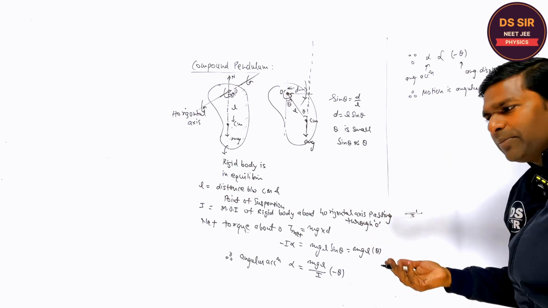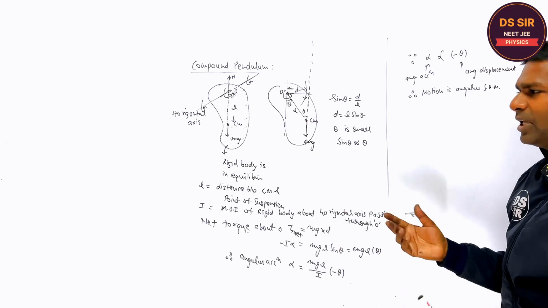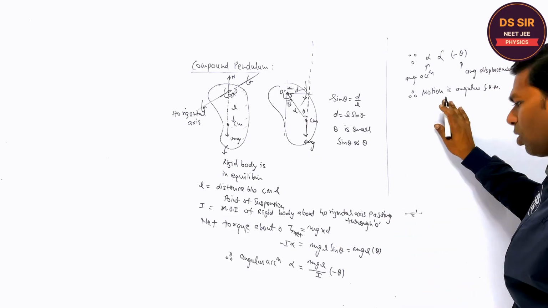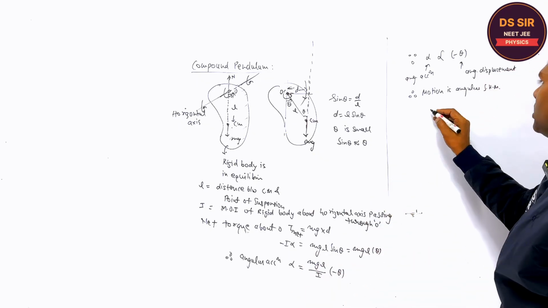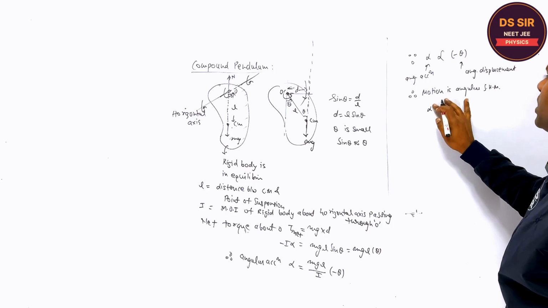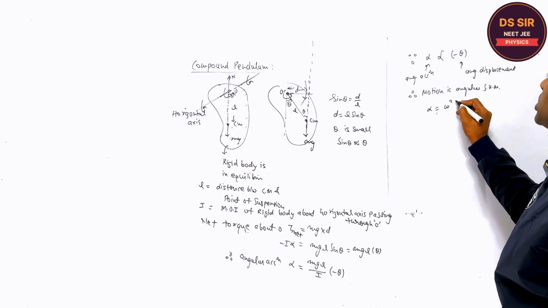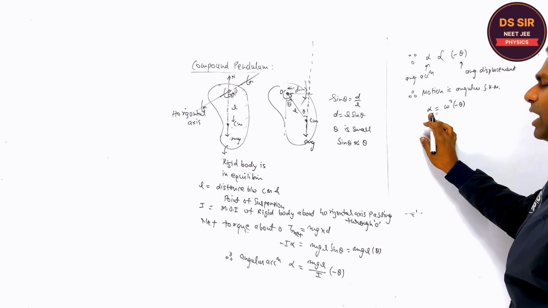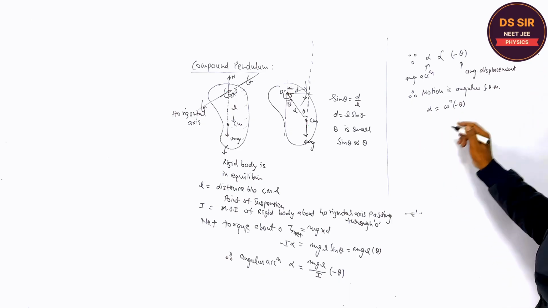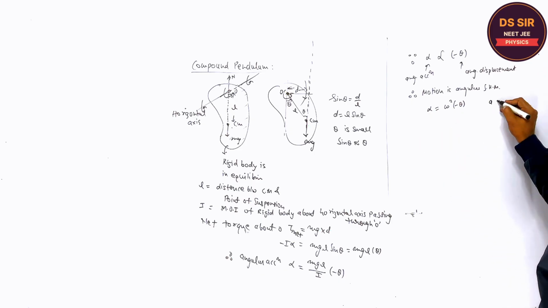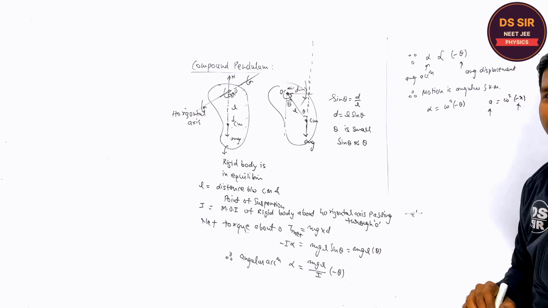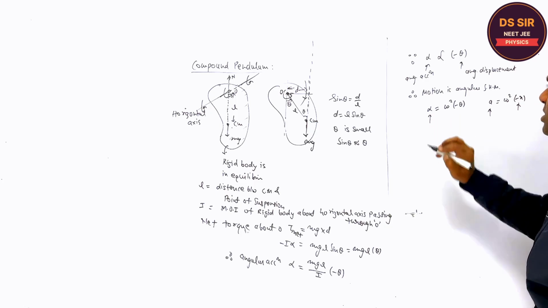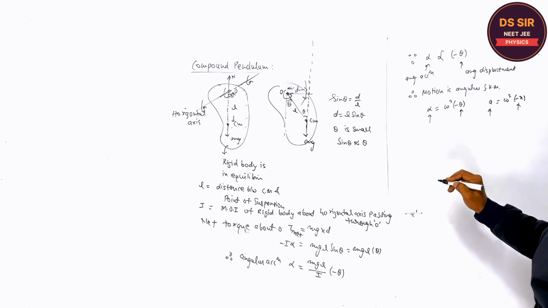The angular SHM and the linear SHM are the same thing, with no big difference. In the linear SHM, the linear acceleration is equal to minus omega square x, where x is the linear displacement. In this case, the standard equation of the angular SHM is alpha equal to minus omega square theta, with the angular acceleration and the angular displacement.